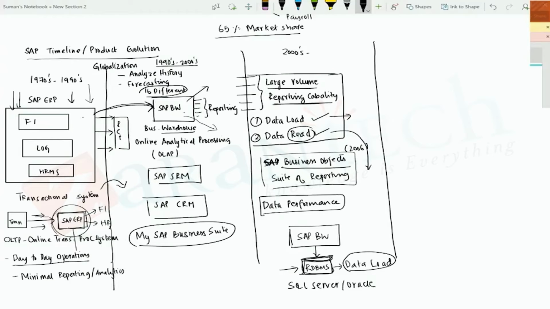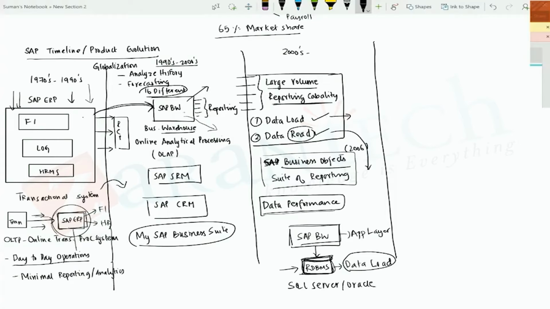Your SAP BW application layer could be a great product, but it can only be great as long as its underlying database is. So they started realizing that the underlying database was actually slowing down the capability of SAP BW, primarily from a data performance standpoint.